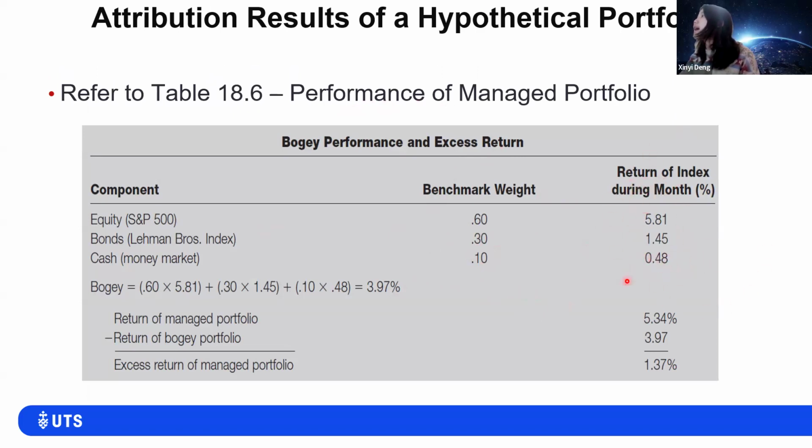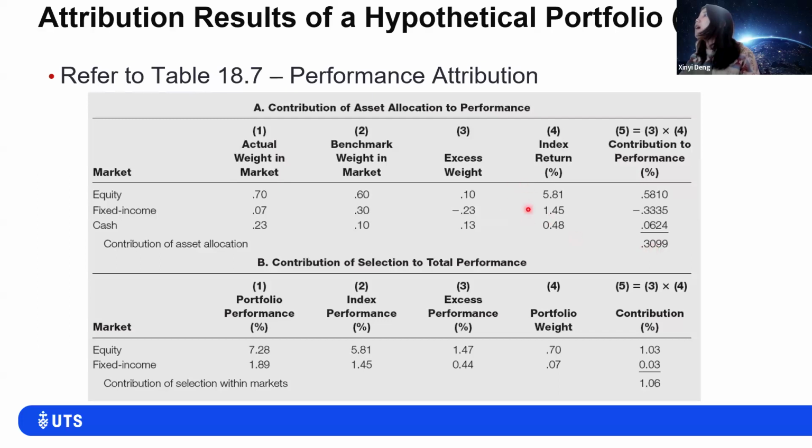So we use the data in this column times the excess weight. This leads to these three products. If we sum those three terms, we will be able to calculate the contribution of asset allocation to the performance.